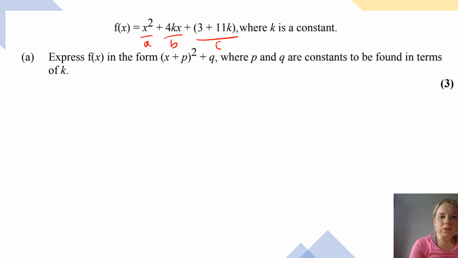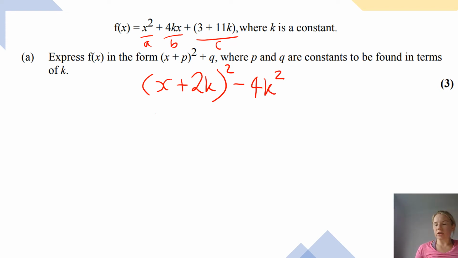So the first thing to do, you'll end up with your x plus, and what you're going to do is half b, so half of 4k is going to be 2k, squared. And then remember, you'll be minusing the square of 2k. The square of 2k is 4k squared. You not only square the 2, but you need to square the k as well.